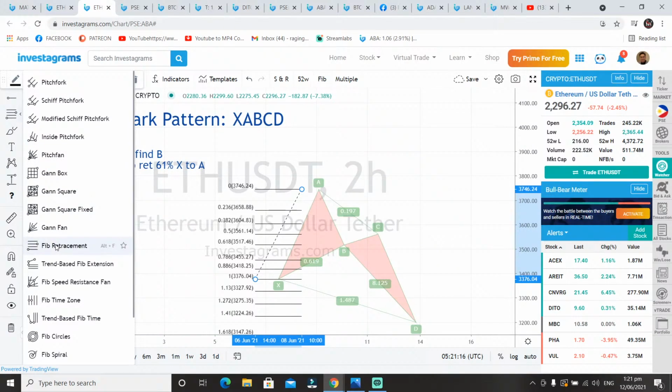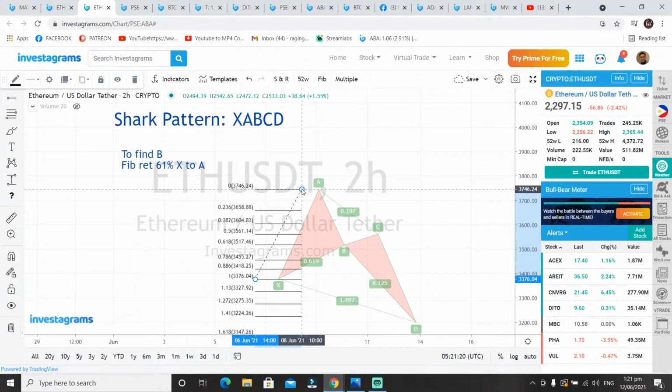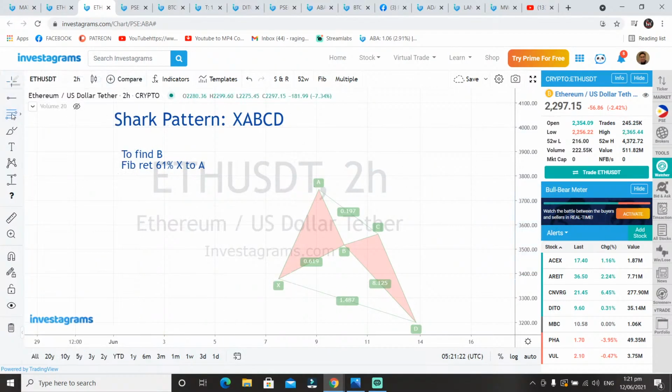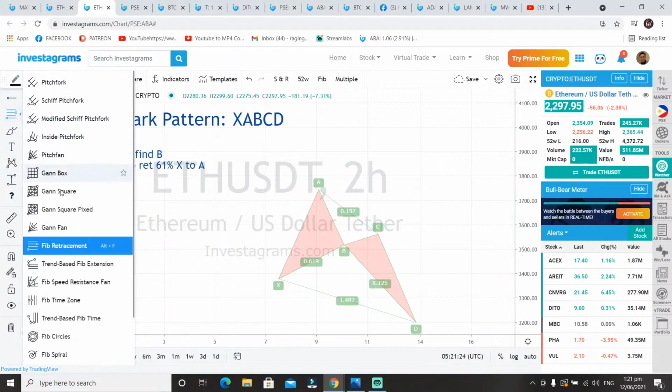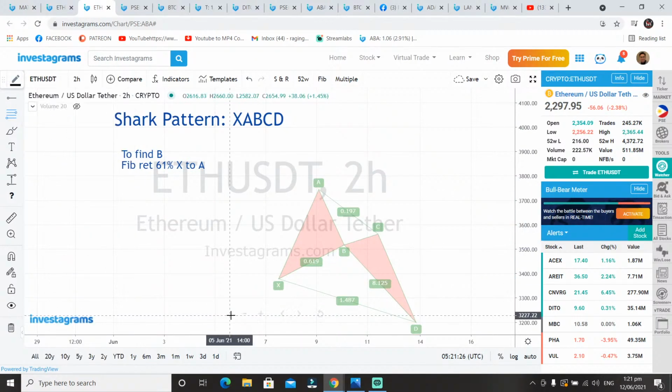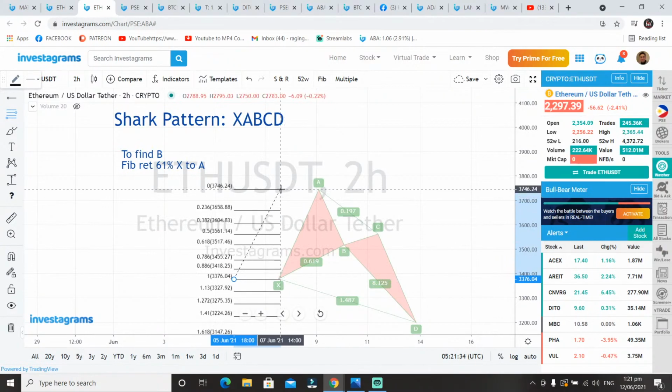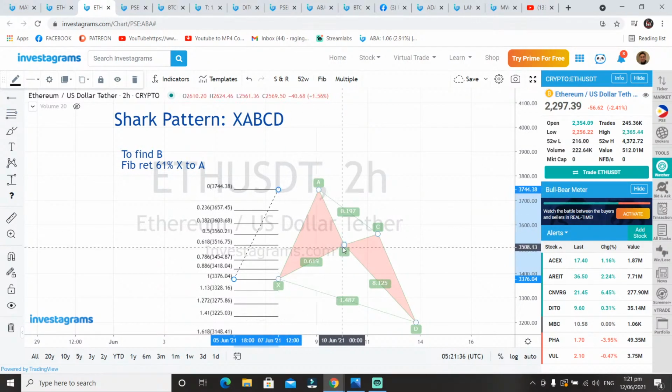Just click this. Once you click this, you can plot again. Let's remove this one. Click this one or this one, then click fib retracement. We will plot from X to A. The requirement is X to A, and you will find 61%, at least close to 61%.